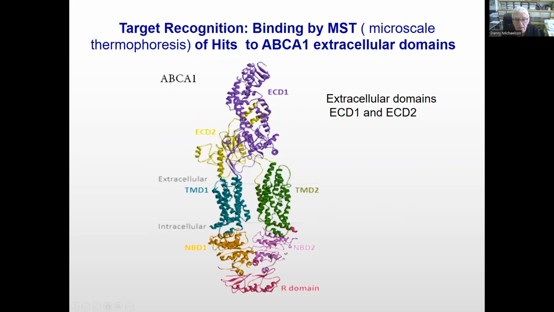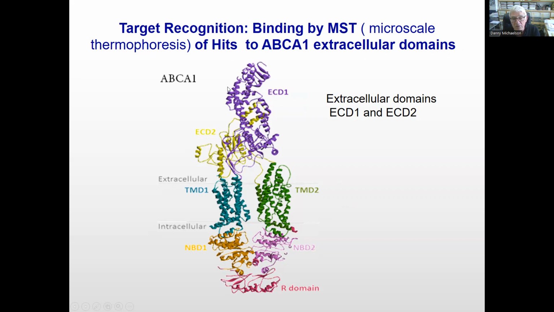To do that, luckily, the structure of ABCA1 has been published recently, utilizing cryo-EM technology. As it showed, the molecule of ABCA1 has 3 domains. It has an intracellular domain, which is an ATPase, a transmembrane domain, transmembrane domains 1 and 2, and an externally oriented domain, which is composed of extracellular domain 1 and extracellular domain 2.